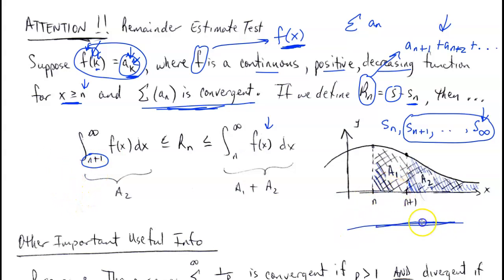And so this graph here is just basically saying that the area under the curve for a sub 2, of course, is going to be smaller than the area under the curve of the total here.